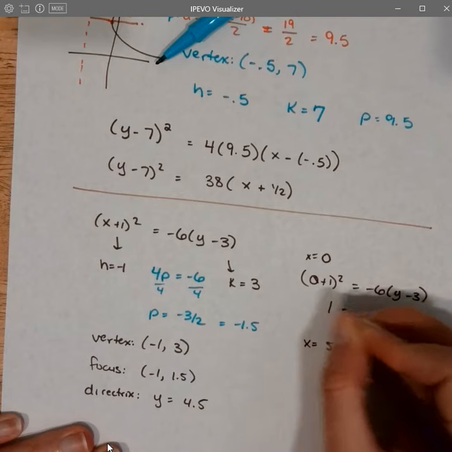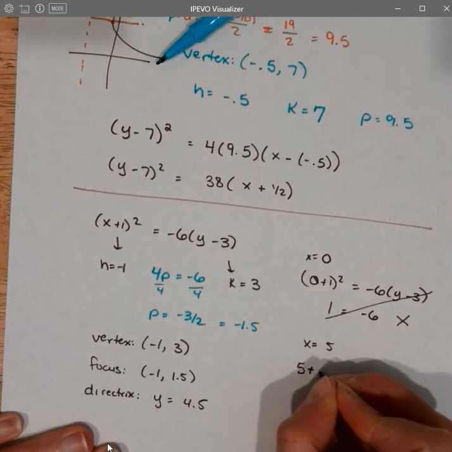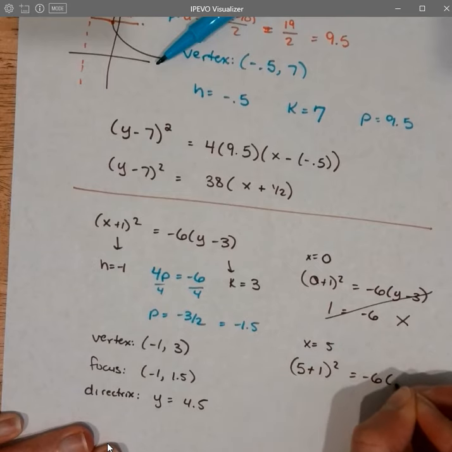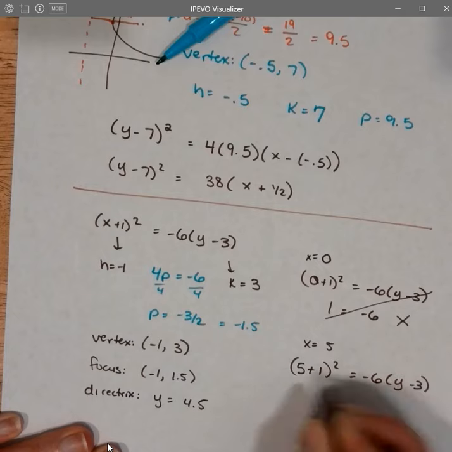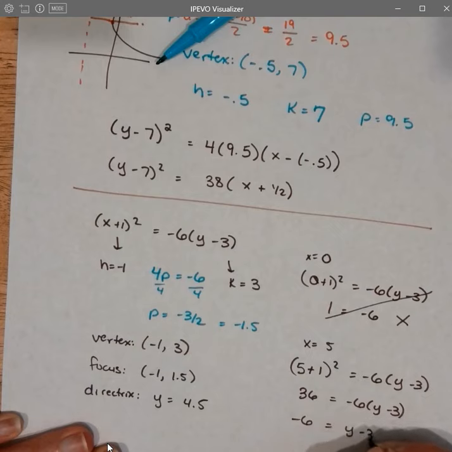So x equals 5 gives us 5 plus 1 squared equals negative 6 times y minus 3. 5 plus 1 is 6, squared is 36, equals negative 6 times y minus 3. If I divide off the negative 6, I have negative 6 equals y minus 3. Add 3, I have negative 3 equals y.